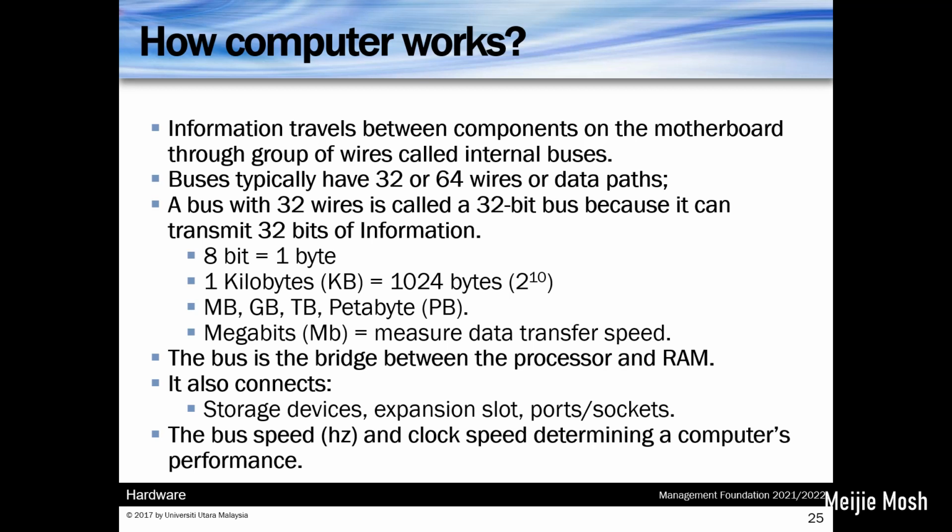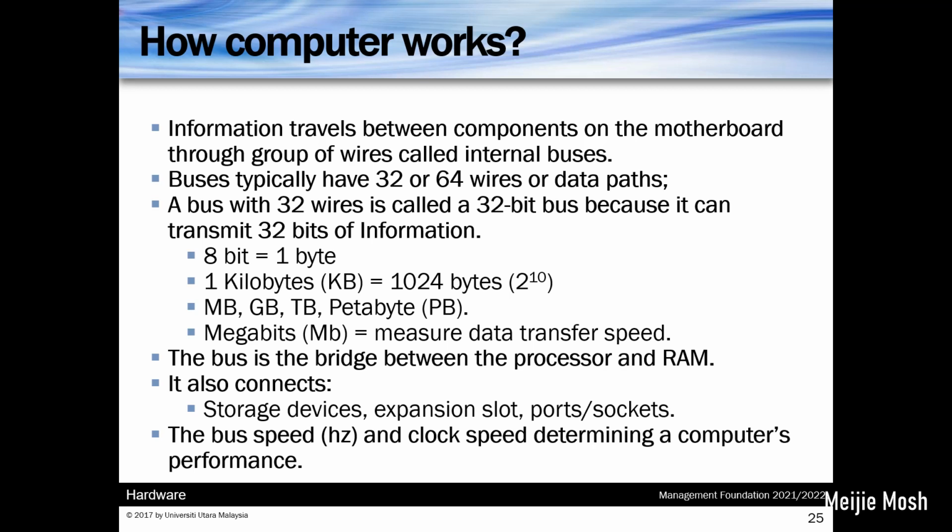Examples of expansion bus types include ISA, Industry Standard Architecture, which uses an 8-bit or 16-bit bus. Extended Industry Standard Architecture, 32-bit. Microchannel Architecture, 16 or 32-bit.